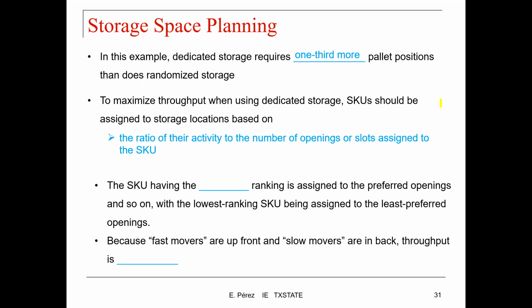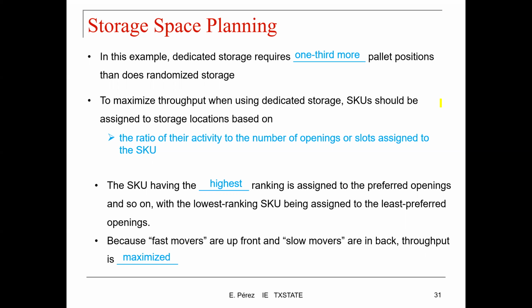The SKU having the highest ranking is assigned to the preferred openings and so on, with the lowest ranking SKU being assigned to the least preferred opening. Because fast movers are up front and slow movers are in the back, throughput is maximized.